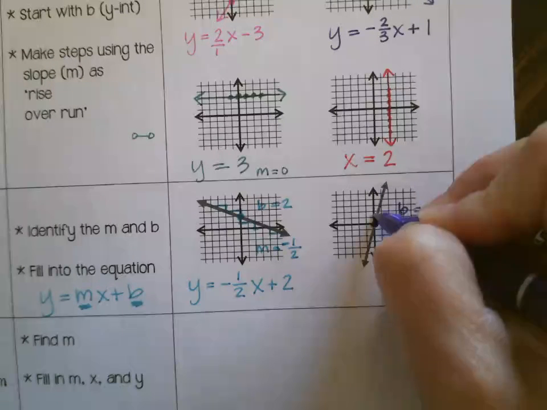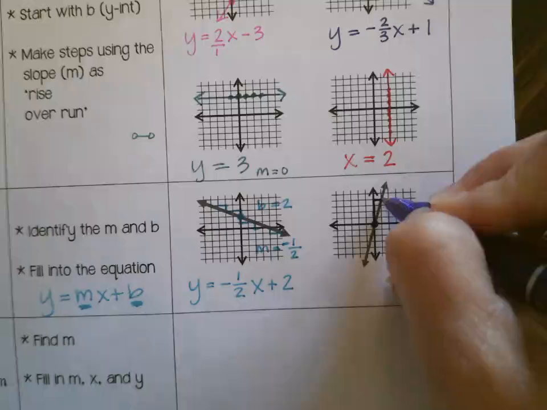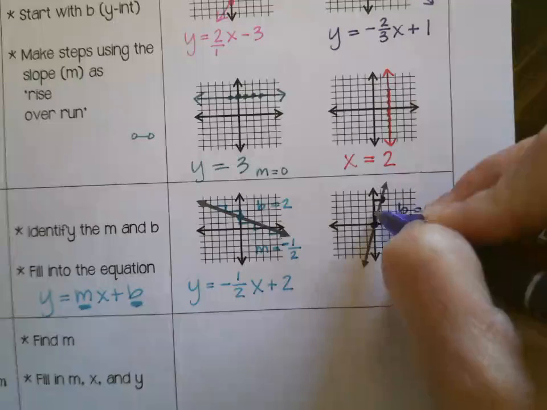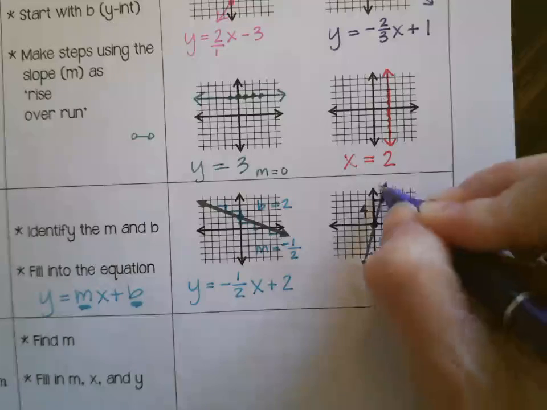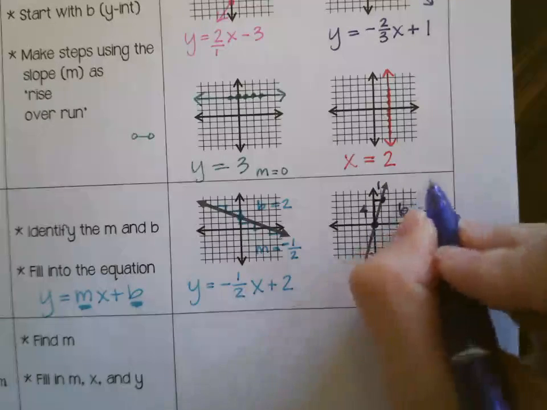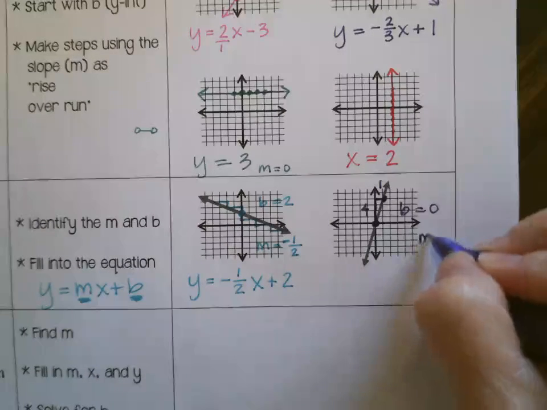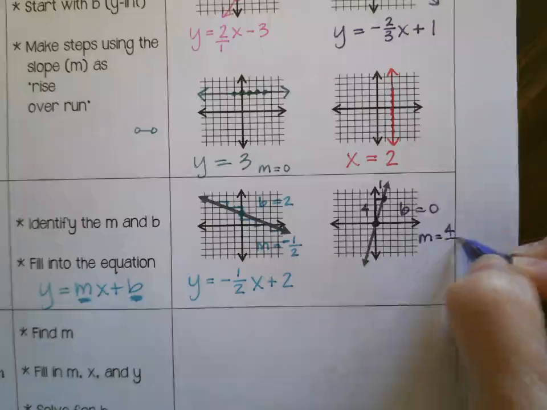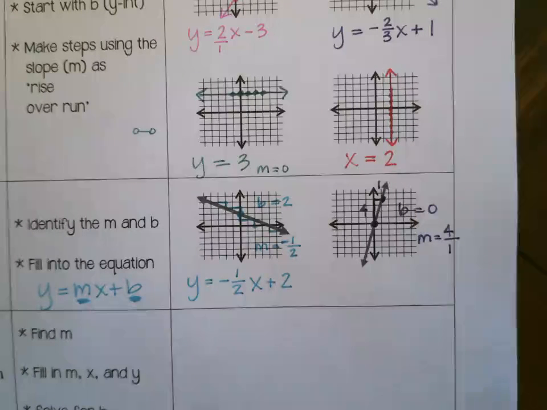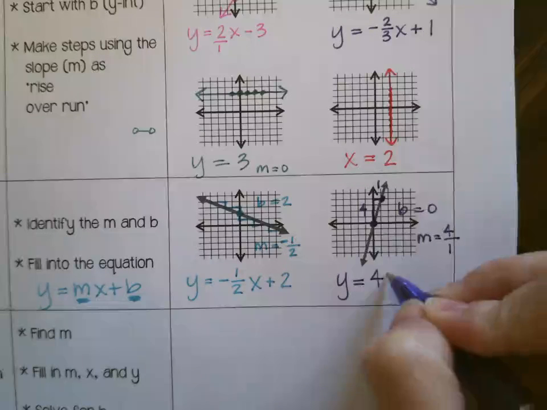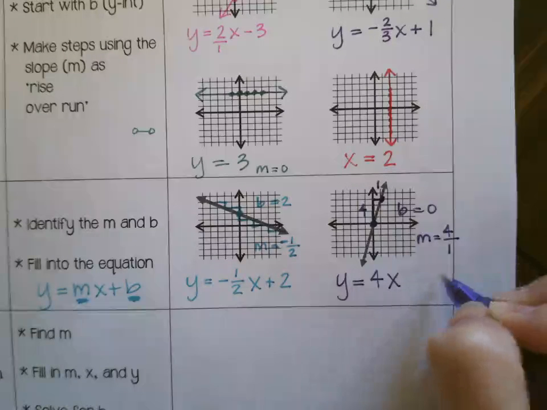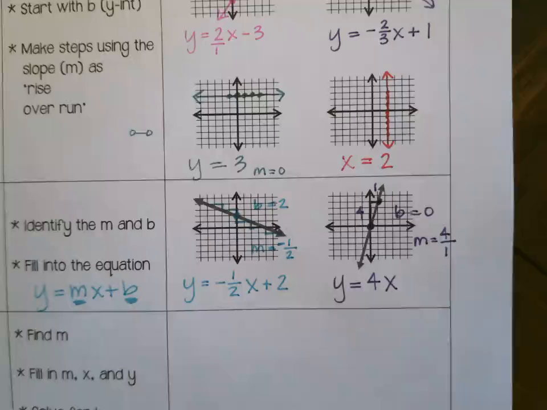Let's see, if we go up and over there, that's going up 4 and over 1. So up 4 and over 1, it's going in the positive direction. So that's a rise of 4 and a run of 1. So now we can say y equals 4x plus 0, which I don't really need to write.